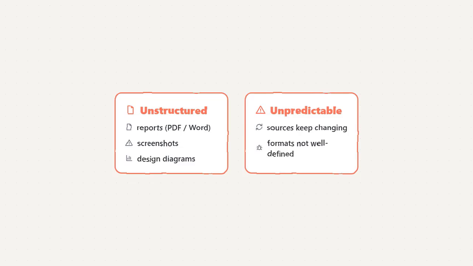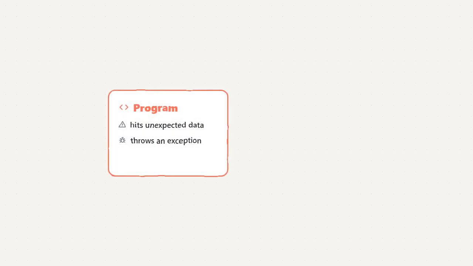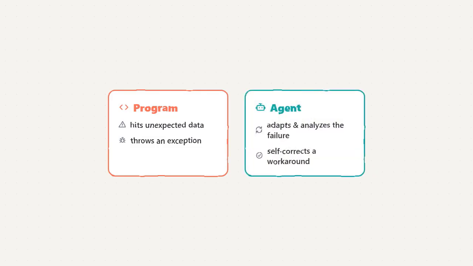The unpredictable data is when sources might change and formats are not well defined. Unlike traditional programmatic approaches that throw exceptions when encountering unpredictable changes or unstructured data, AI can dynamically adapt, analyze the failure, and self-correct to find a workaround.